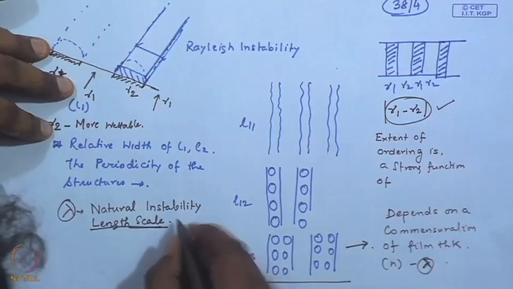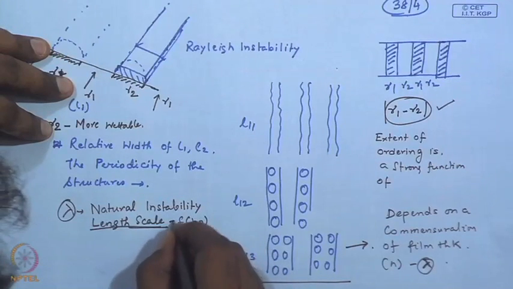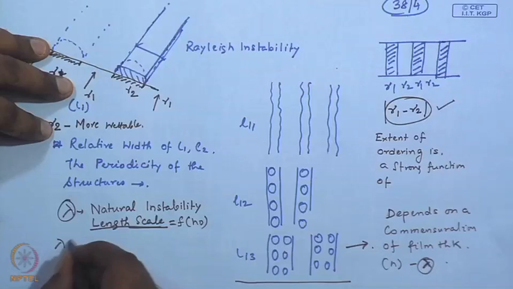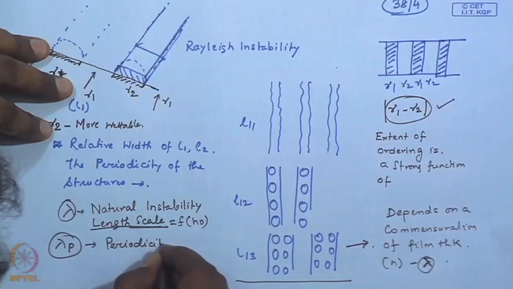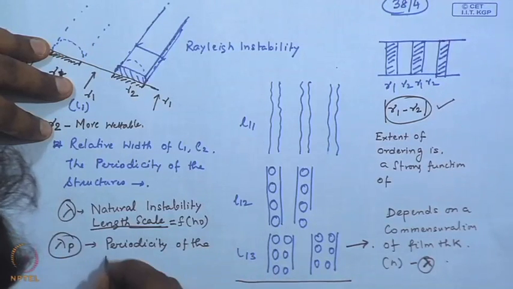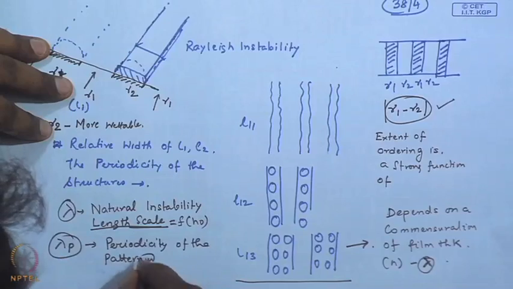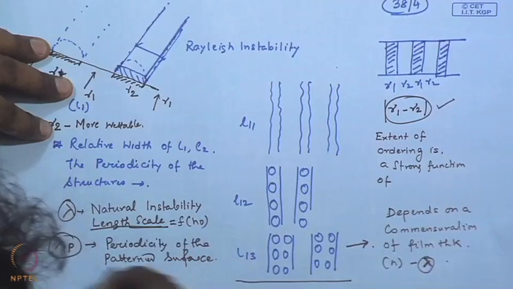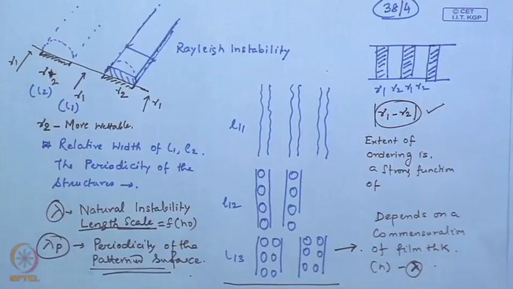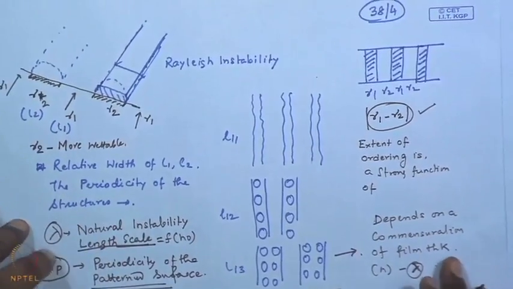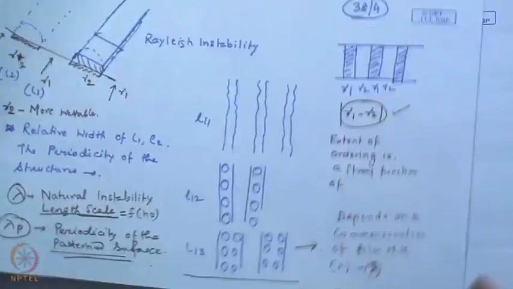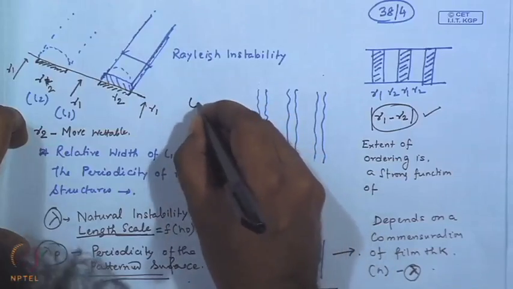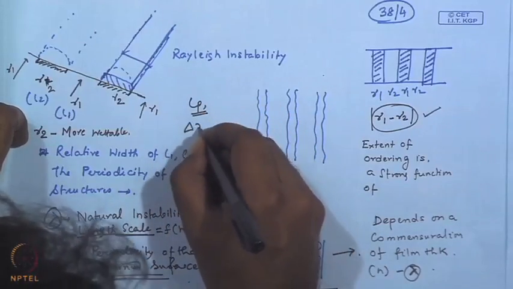So, this is the natural instability length scale, which is a function of the film thickness, the H0, and here you have another parameter, that is the lambda p, which is the periodicity of the patterns. So, the final morphology of the structure is a strong function of the commensuration between lambda and lambda p. Okay. So, of course, apart from lambda p, issues like LP, delta gamma. So, let us write it down neatly.